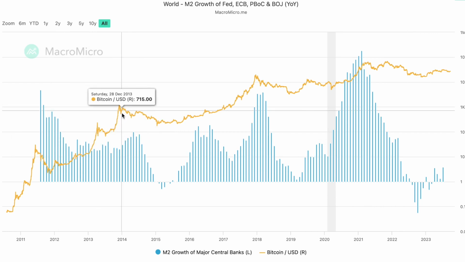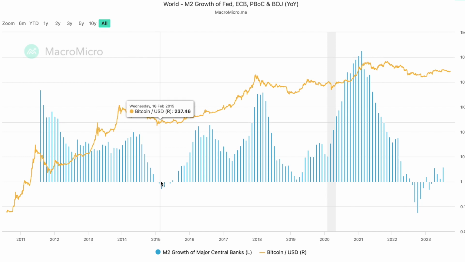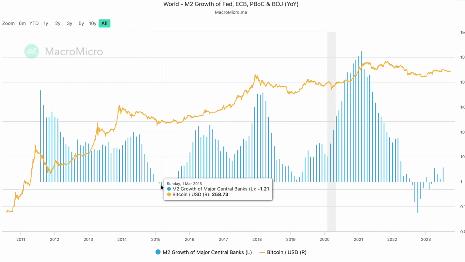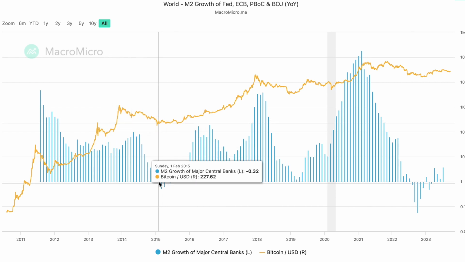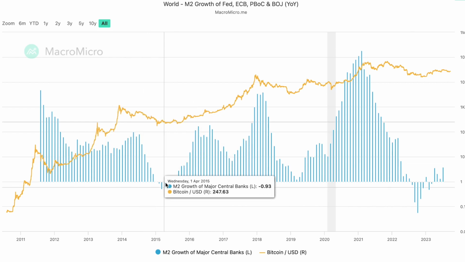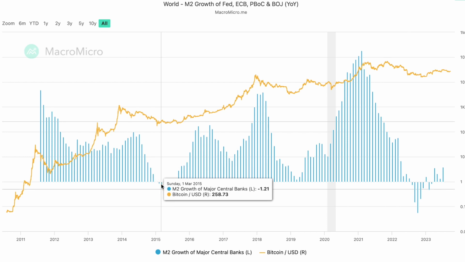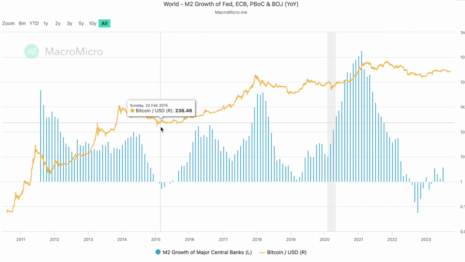But what I want to make a key note of is the contraction phases, or the times that the M2 is not expanding but actually contracting and going negative. In these periods where these blue bars go below this bottom line right here, as an example back here in 2015, usually it is in correlation with Bitcoin bottoms, which makes perfect sense.